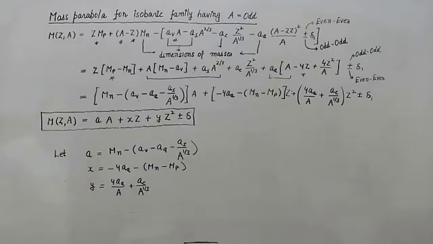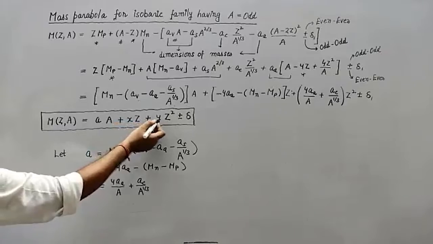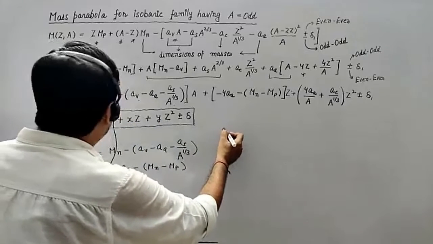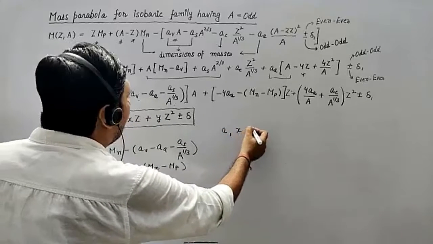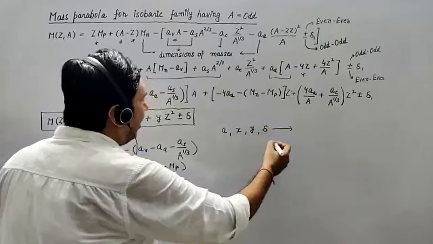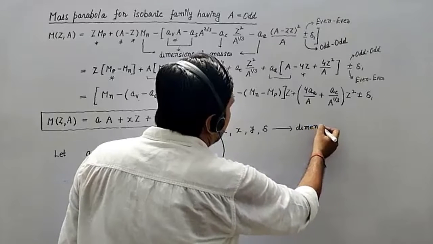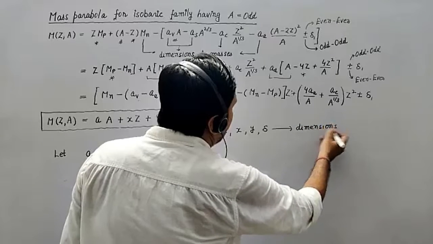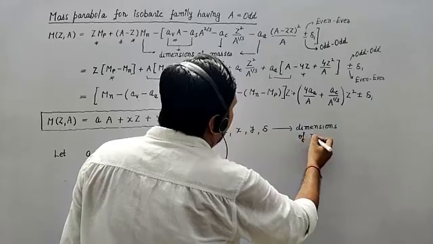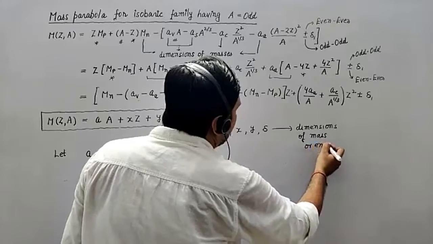From here, you can find out one thing, that all of these, a, X, Y and delta, have dimensions of mass, or energy.